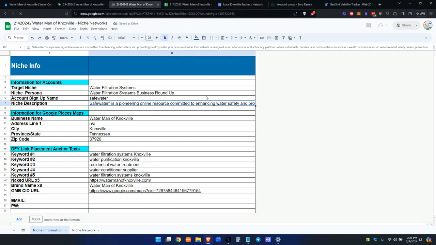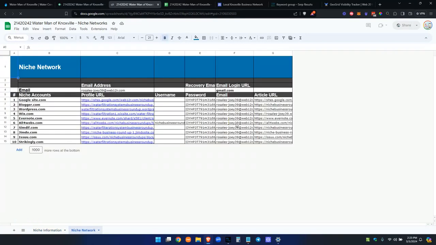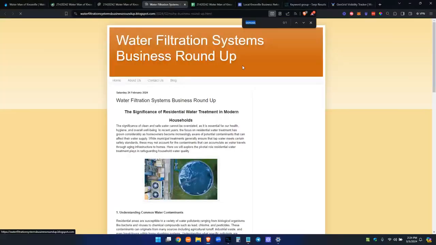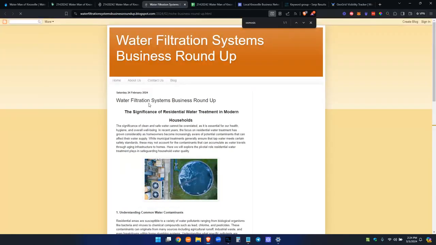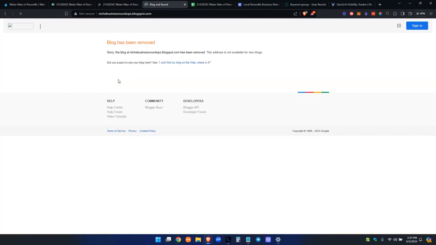Enhancing water safety. Okay, reverse osmosis is definitely referenced there in that post.